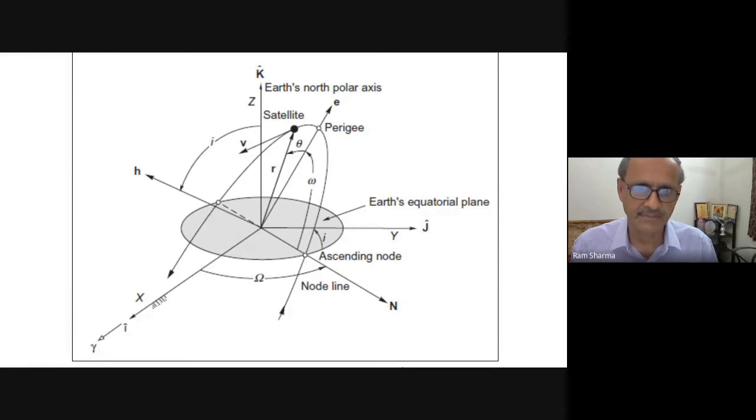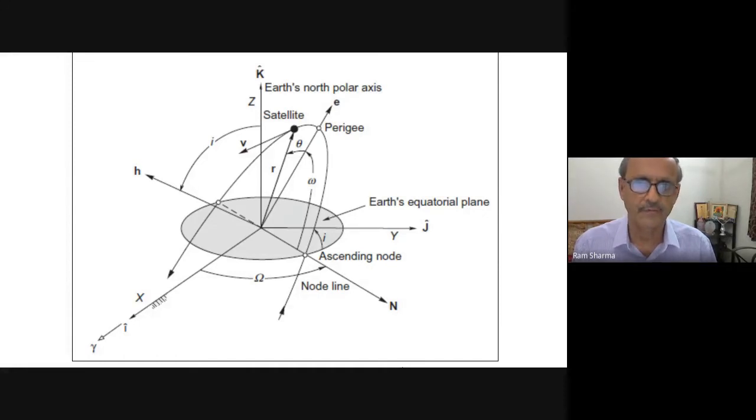In that, what happens is that R and V, even if you go to a very close neighborhood, all components will change: X, Y, Z. If you are not going in the same plane but in 3-dimensional space, a slight movement will change all your 6 components. Whereas in the two-body problem, when no perturbations are taken, the other 5 parameters will not change, except theta.